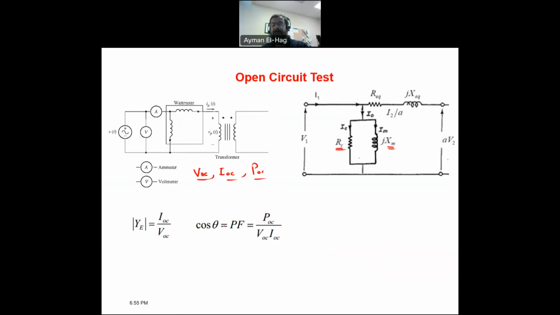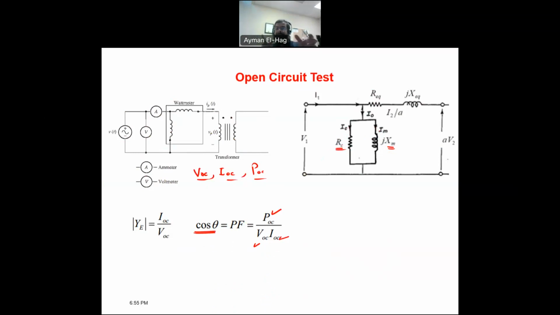Using the power formula: P equals V I cosine theta. I know the power at the open circuit, I know V open circuit, and I know I open circuit, so I will find the cosine theta. And we know that the power factor angle is basically the angle of the impedance. So theta is nothing but the angle of the impedance, which in this case is this parallel branch.